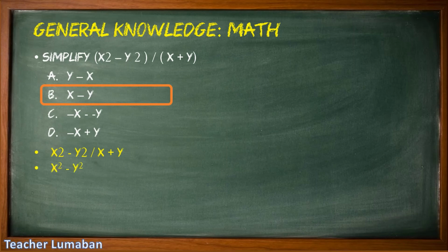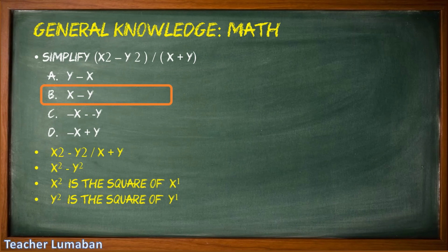Check: x squared is the square of x, and y squared is the square of y. The factorization is x plus y multiplied by x minus y. Cancel out x plus y, which appears on both sides of the fraction line. The final result is x minus y.